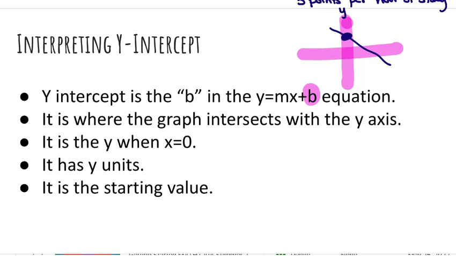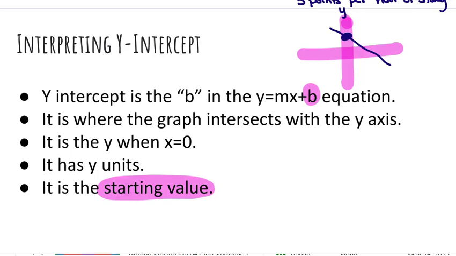So since it's where the x equals 0, we can say that that's basically the starting value. So before x starts increasing or decreasing, that's where we're starting, usually anyway, when we're dealing with problems in context.